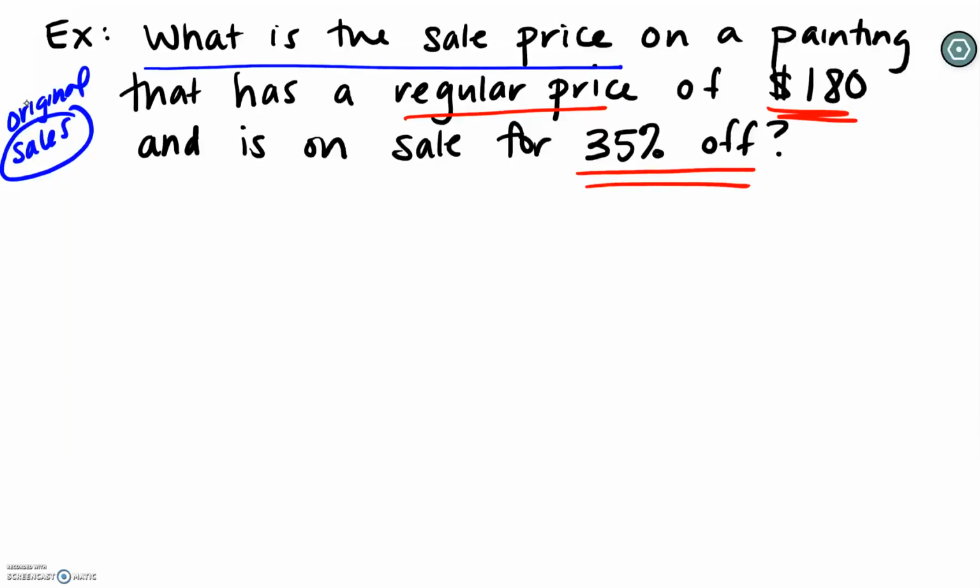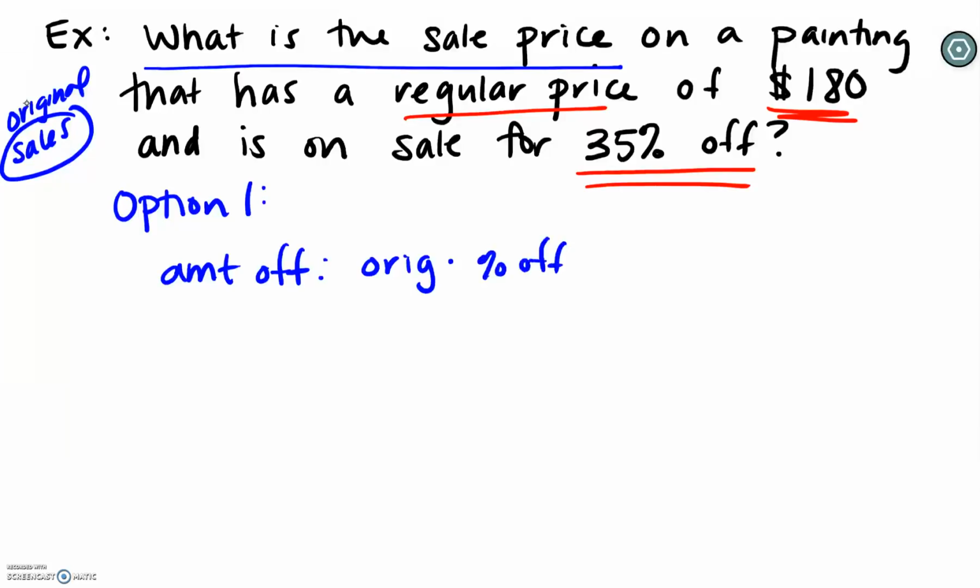Okay, so we can do what we did in class. We had two options, so I'm going to do both of them here. Option one that we did in class: to do this in two steps. So we can find the amount that is off, right? We know the percent off, so let's figure out the amount off. This is just going to be the original times the percent, right?